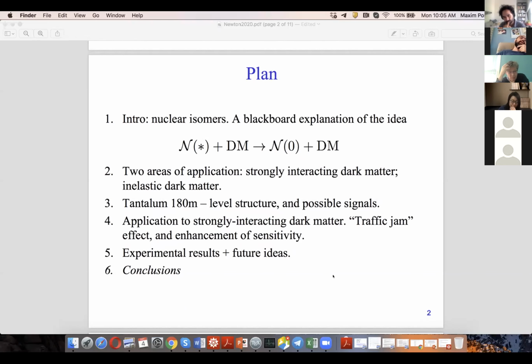So this somewhat informal talk, I'm just going to communicate this main idea and discuss a couple of applications to strongly interacting dark matter and inelastic dark matter. So basically, you can see my cursor, right? So basically, nuclear isomers are some freaks of nature. They exist for a long time.